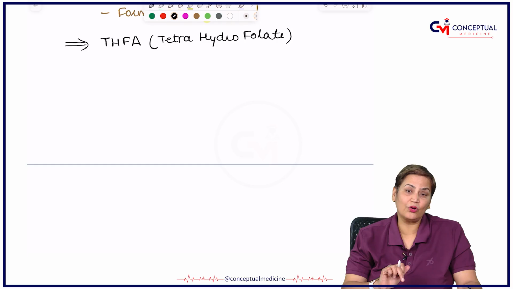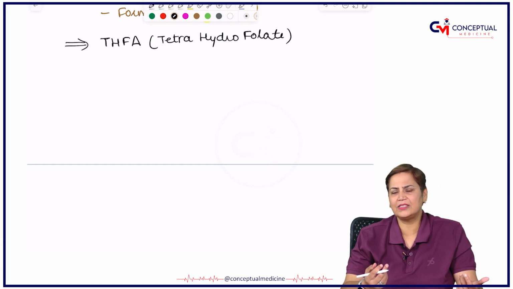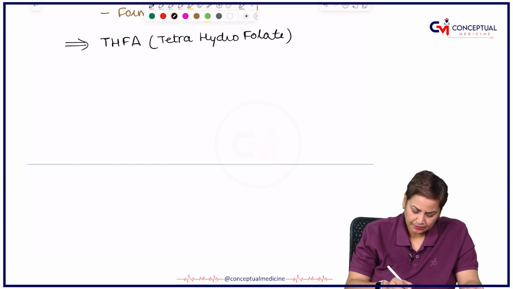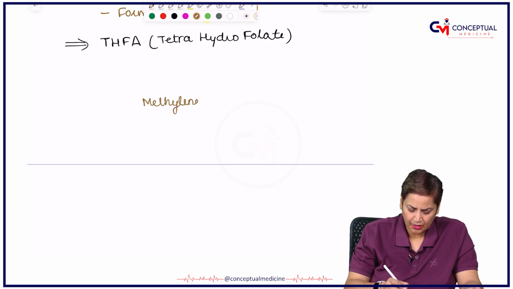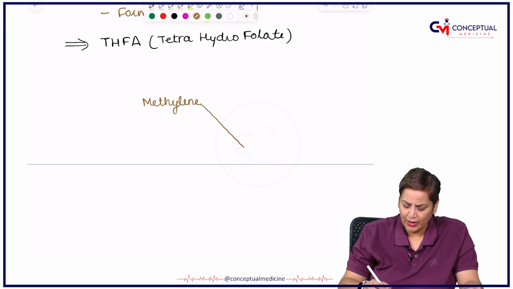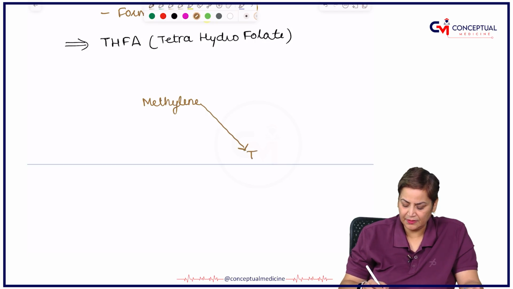Now first of all, what are the functions? What is the source of this one-methyl group, or you can say C group? What happens here is this methylene will be required for the synthesis of thymine, or you can say DNA synthesis.